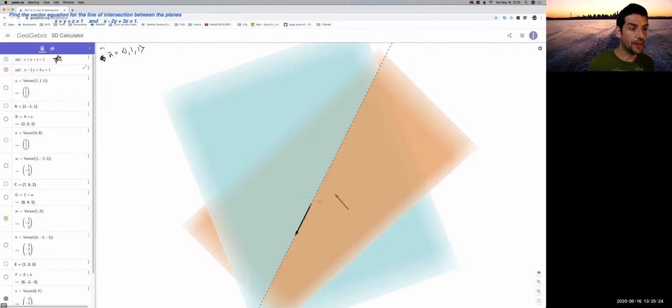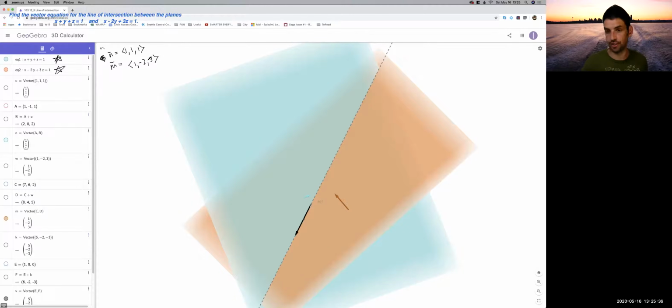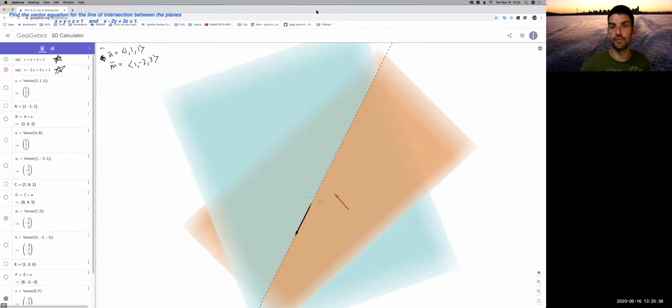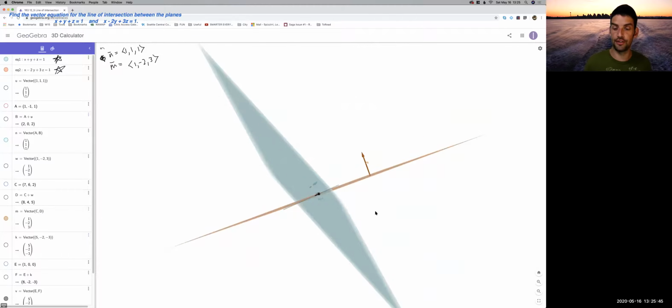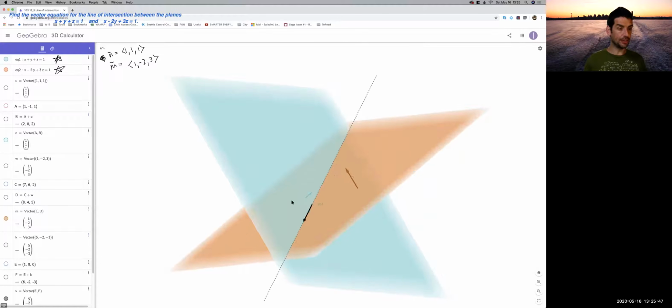And then for the other one, I'm reading off the coefficients of equation 2. m is going to be 1, minus 2, 3. So that's where we can find those normal vectors from the equation. I've put them on an arbitrary point in each plane so we can see what they look like. But I want to do something a little different with them.